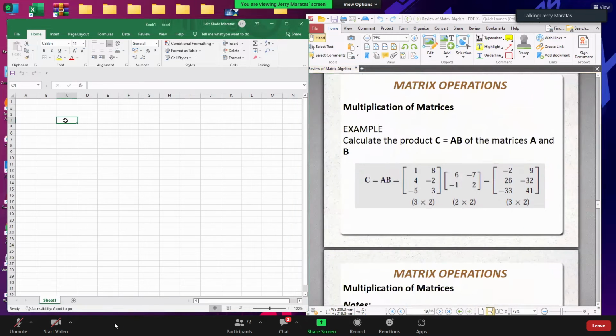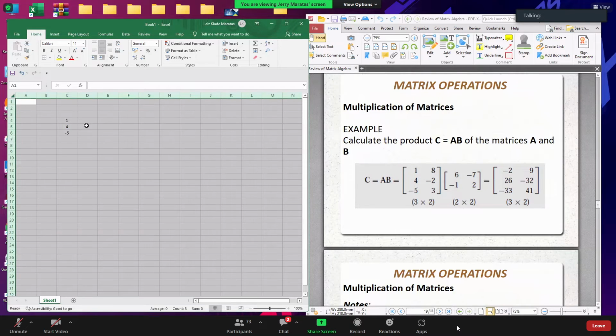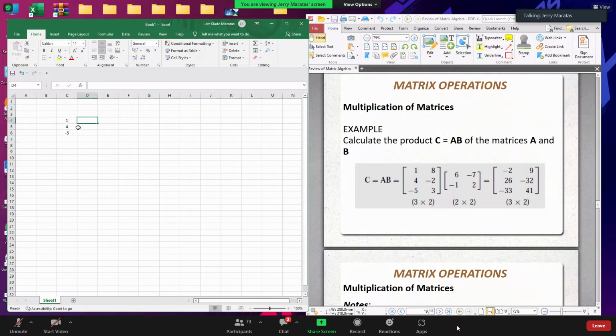So this time I'm showing you on the left side of my screen the MS Excel. Let us perform the multiplication between these two matrices. Let's say we have these two matrices. Matrix A: 1, -5, 8, -2, 3.